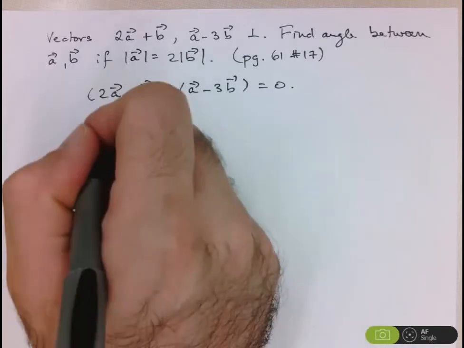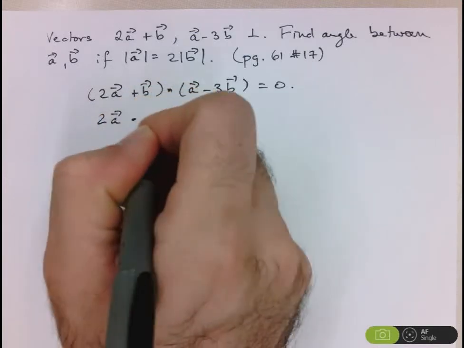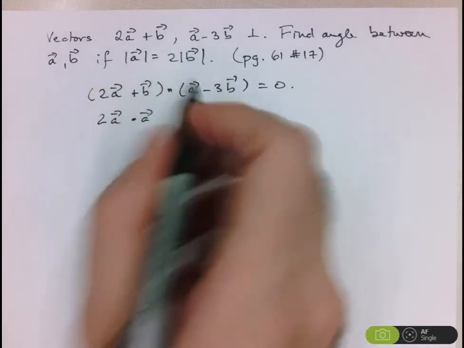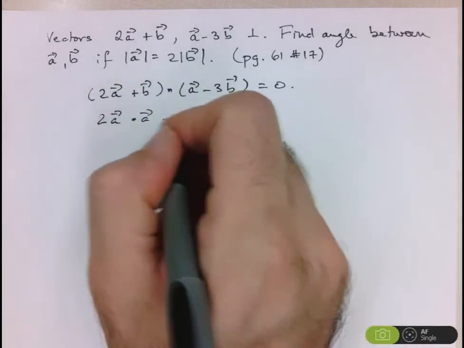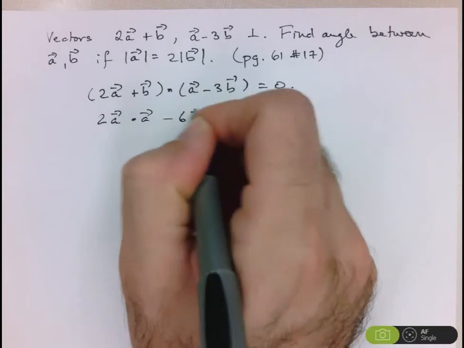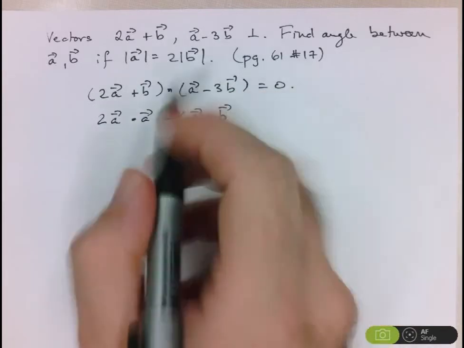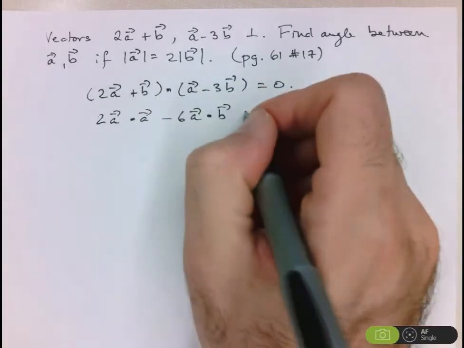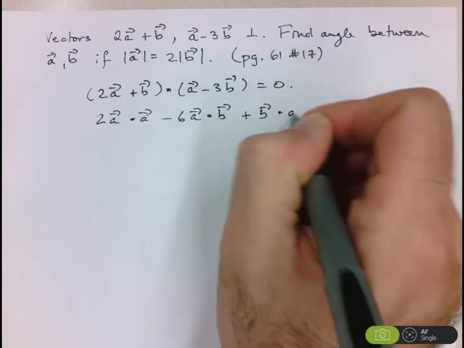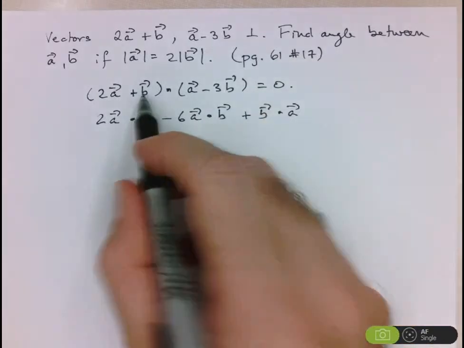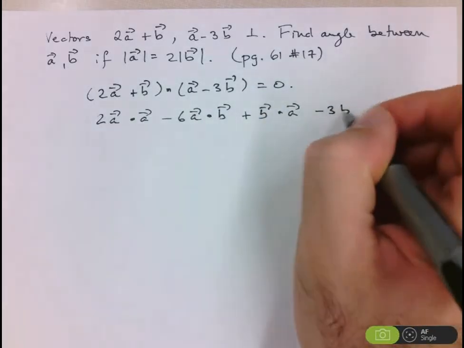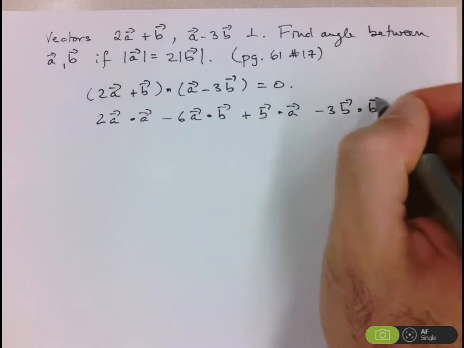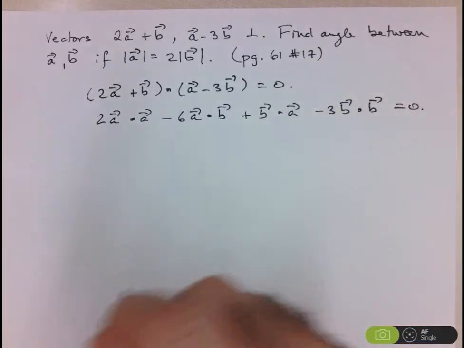So I've got 2a dot a, the first one, and then the second one I've got minus 6a dot b. Then here I've got plus b dot a, and then finally I have negative 3b dot b. And all that is equal to 0.